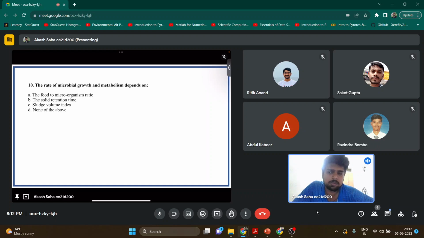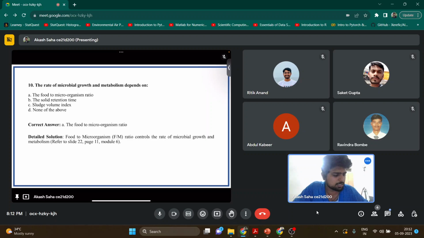The rate of microbial growth and metabolism will depend on... For microbial growth, it requires food, right? It requires the substrate. So definitely it will be governed by my food to microorganism ratio. So food to microorganism ratio is the correct answer.